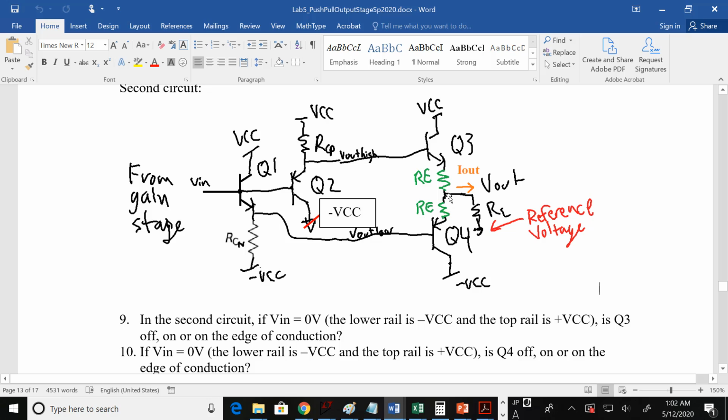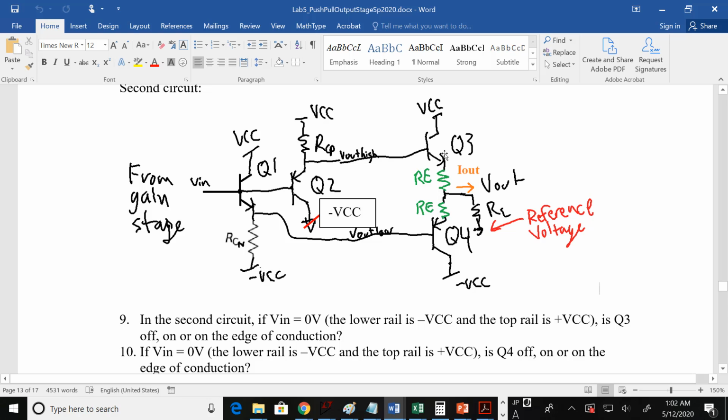Same thing down here, if this is 0 and this is negative VB on, this is just turning on. So actually these are both conducting now. Both Q3 and Q4 have enough VBE voltage to have them both conducting. These RE resistors right here protect against current runaway, but in this case, they also turn down the current when they're both on.